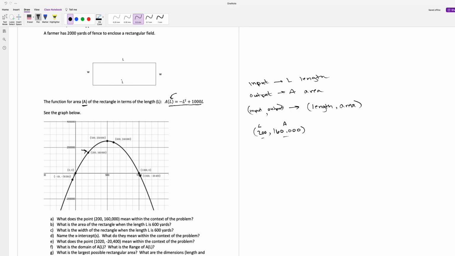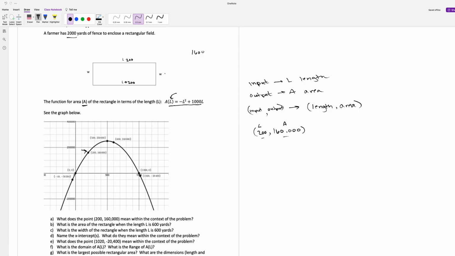If the length is 200, then this length would also be 200. If I have 2,000 yards total, that accounts for 400, so subtract that from 2,000 and I'm left with 1,600 yards to split between the two widths.